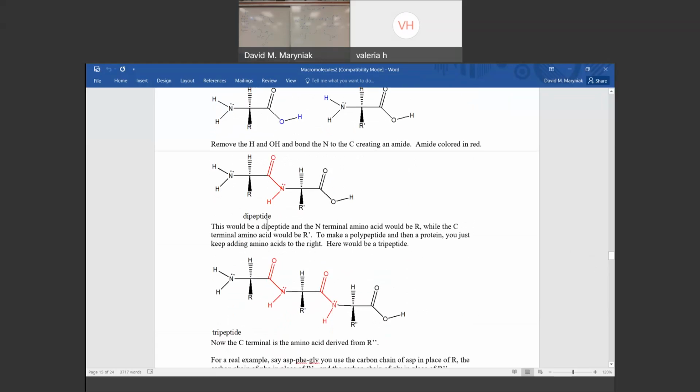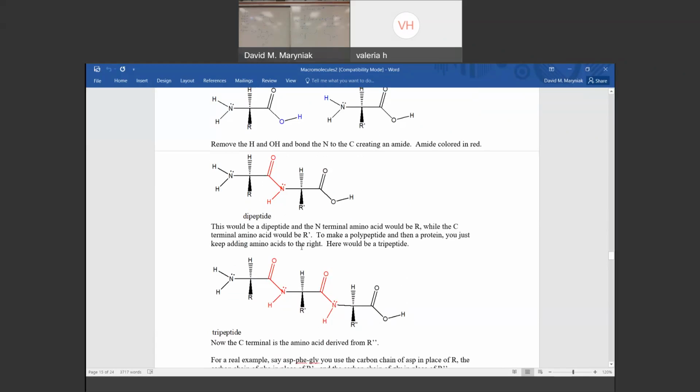So if we stop right there and say, this is a dipeptide because we've connected two amino acids, what molecular functionality have we used to connect them? An amide bond.